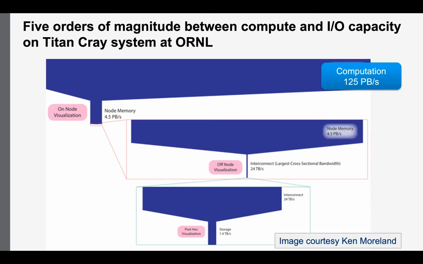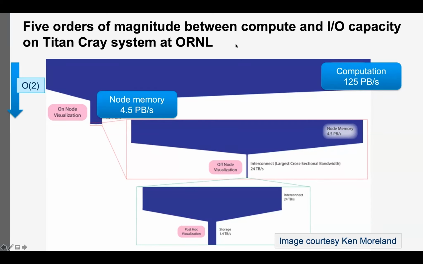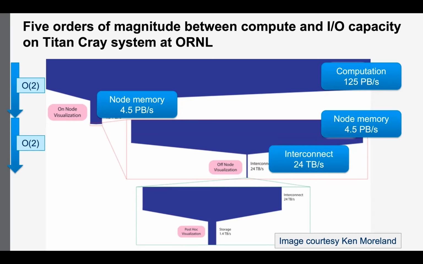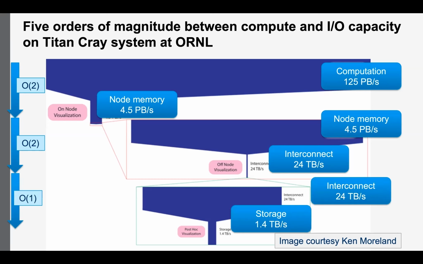This is a slide that I'm borrowing from Ken Moreland, and it's already an old slide, right? It shows that there are 5 orders of magnitude difference between compute and I/O. So 2 orders of magnitude going from compute to node memory, another 2 orders of magnitude when hitting the interconnect, and 1 more order of magnitude going to storage.